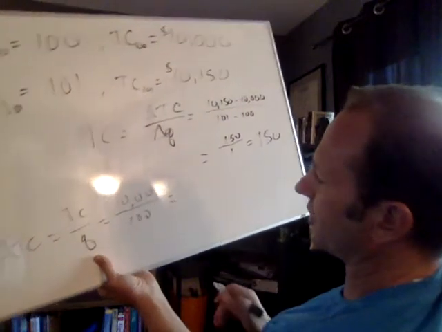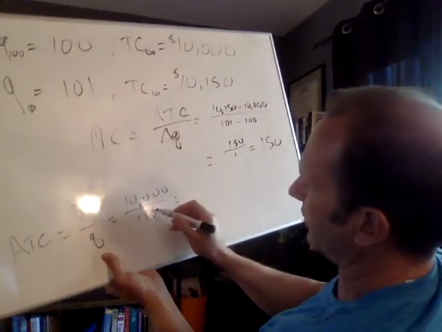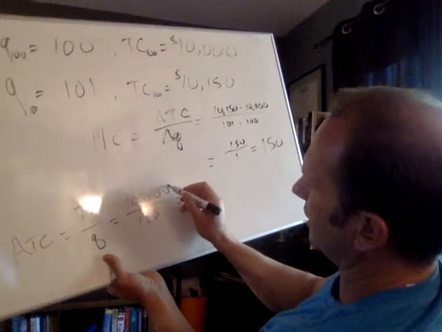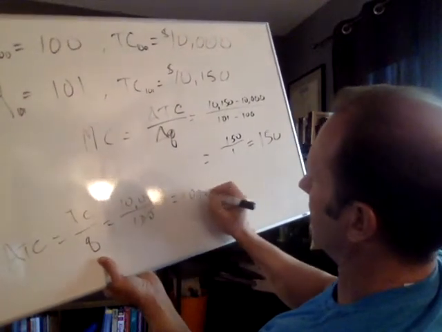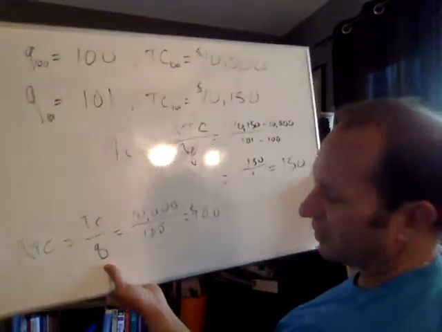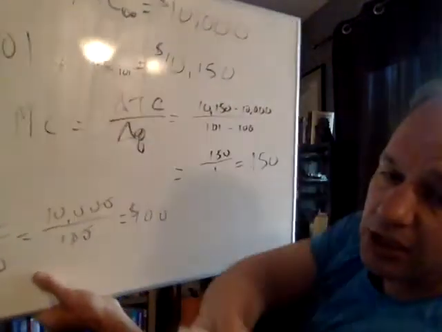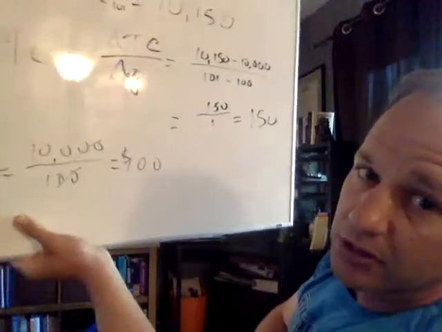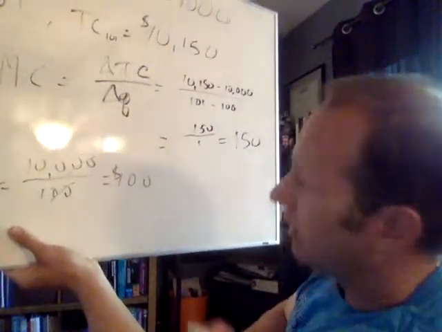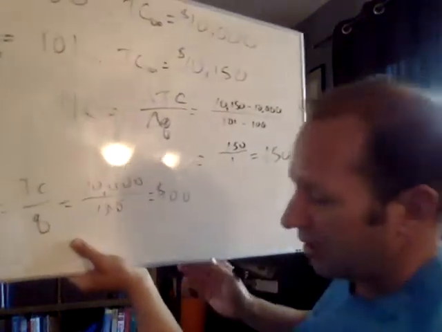So 10,000 divided by 100, these zeros cancel out those zeros, is $100. Let me make sure I haven't made a mistake. Okay. Your average total cost is $100 per unit. And that was just really from the given information.